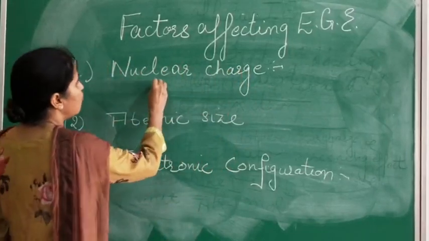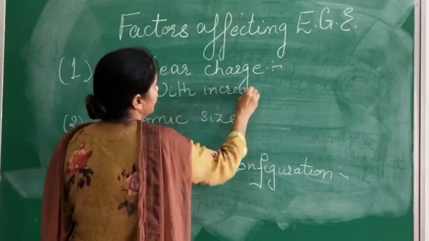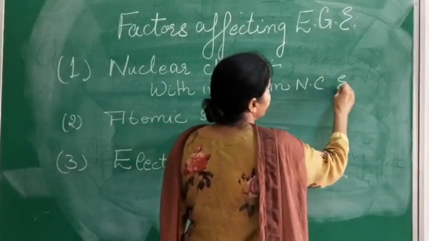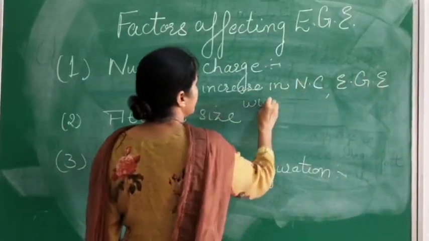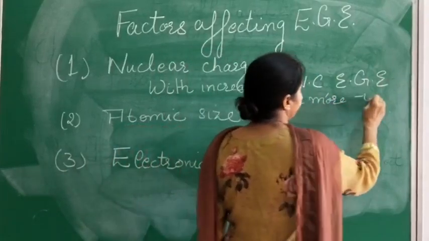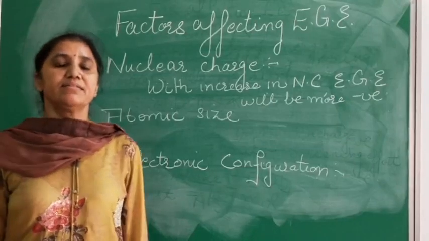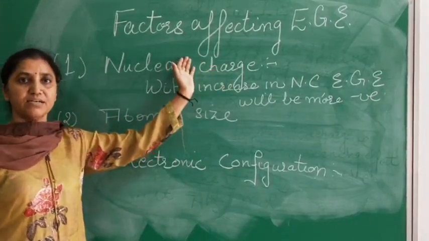So with increase in the nuclear charge, the electron gain enthalpy will be more negative, that is, more energy will be released when the incoming electron feels more attraction towards the nucleus.